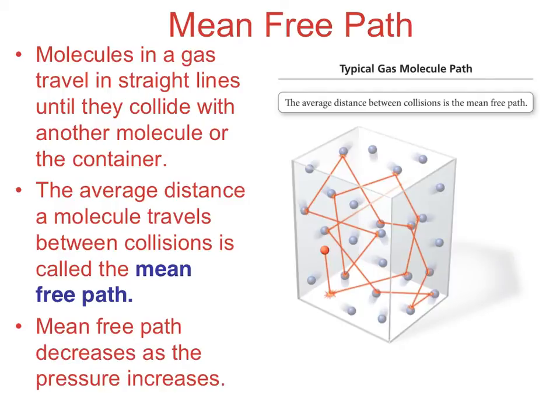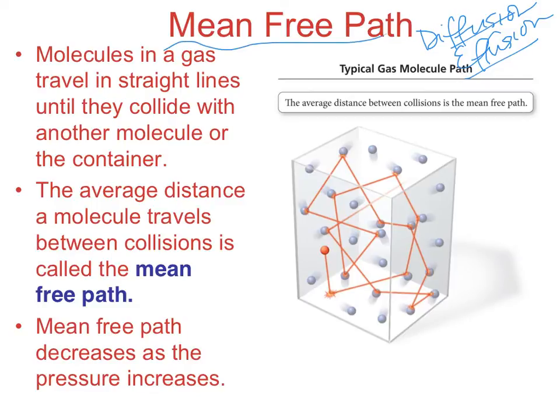All right, the last couple of concepts we're going to talk about in gases are diffusion of gases and effusion of gases. They sound the same, they're slightly different. Before we start talking about those laws and behavior, we're going to talk about something called the mean free path.